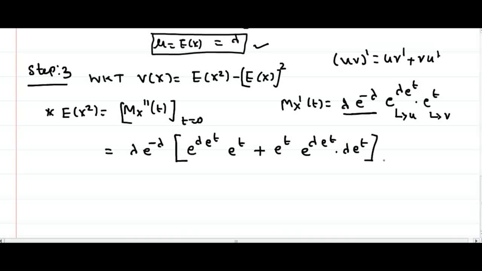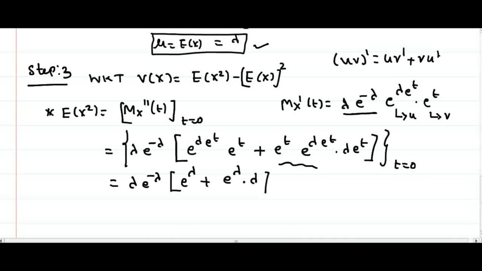Then substitute t equal to 0 wherever t appears. Here lambda e power minus lambda is a constant, take it outside. If we substitute t equal to 0 here, e power 0 is 1, so we get e power lambda. Plus, substitute t equal to 0 here, e power 0 is 1, so here we get e power lambda into lambda.